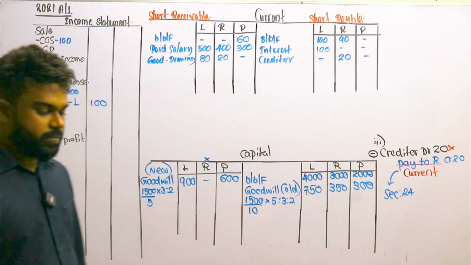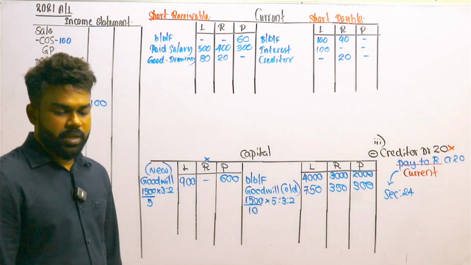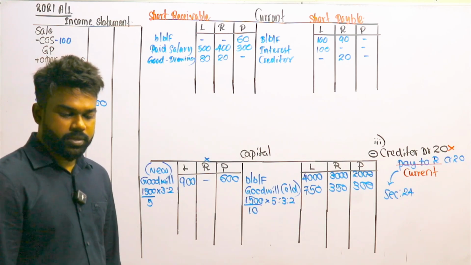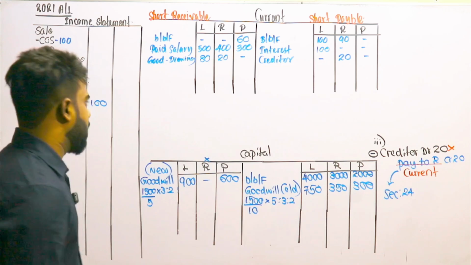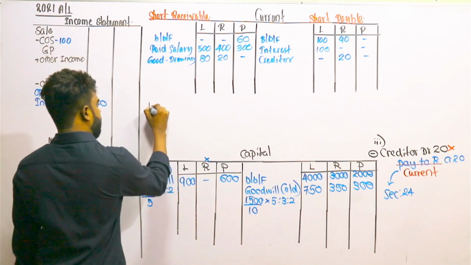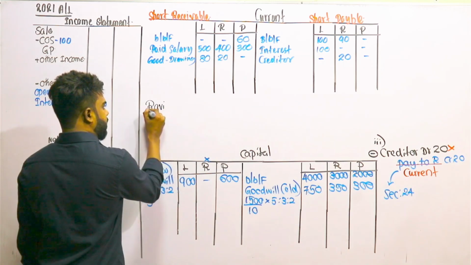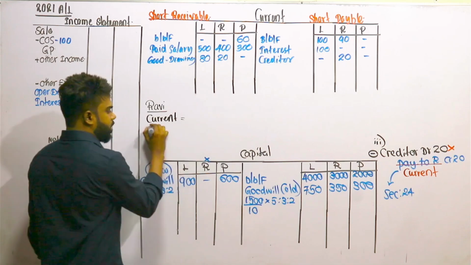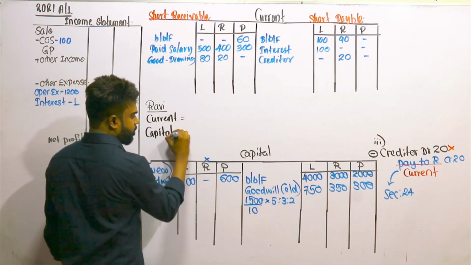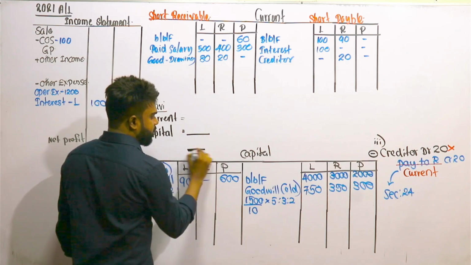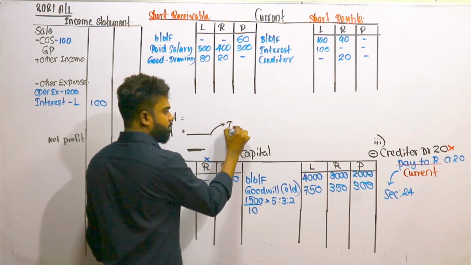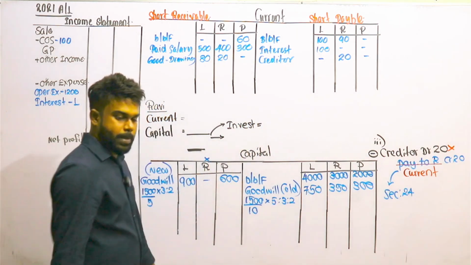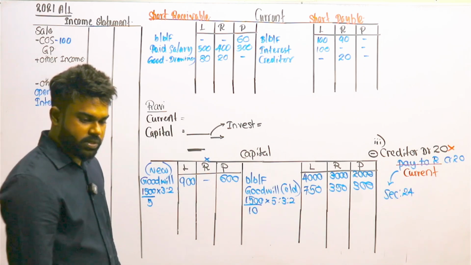Then the question says it was agreed to settle the amount payable to Ravi by transferring the ownership of investment. Ravi retired. Therefore, we have to identify the current account balance of Ravi and the capital account balance of Ravi. Then get the total. This total will be settled by investment and office equipment 300.